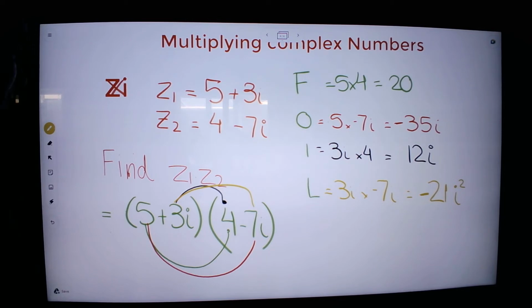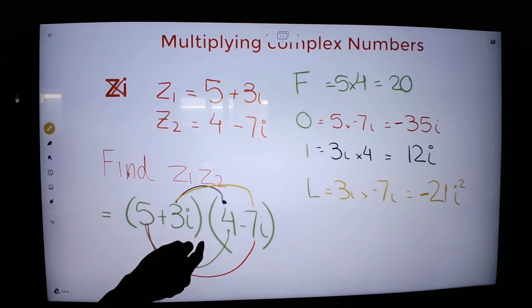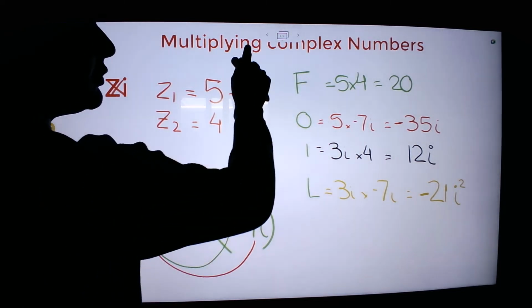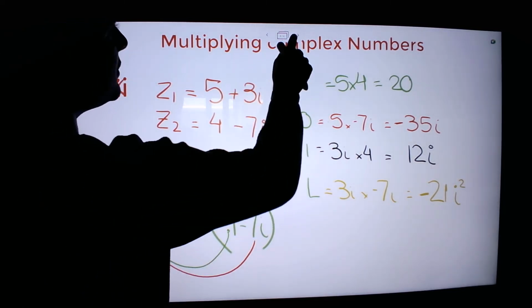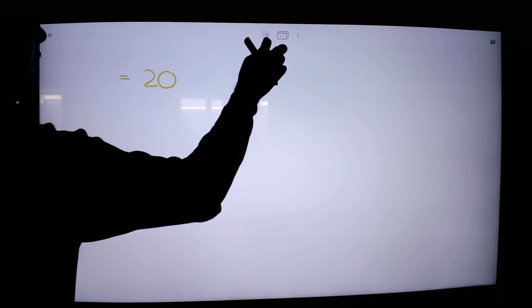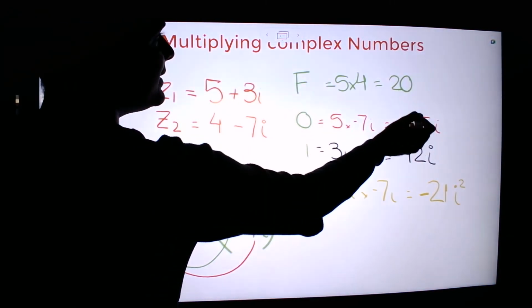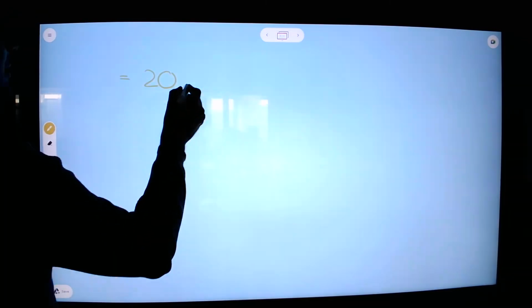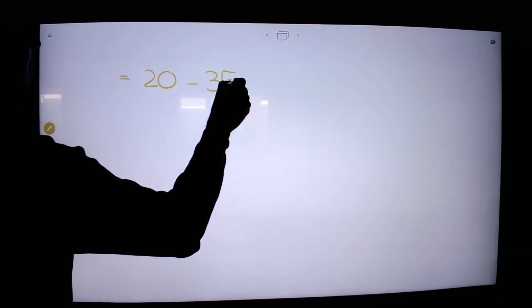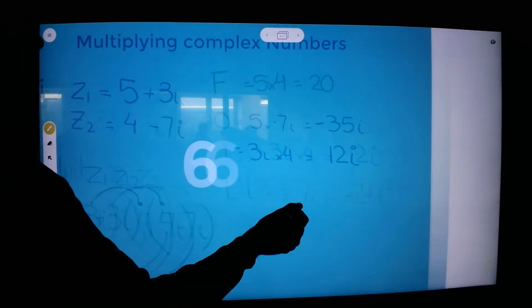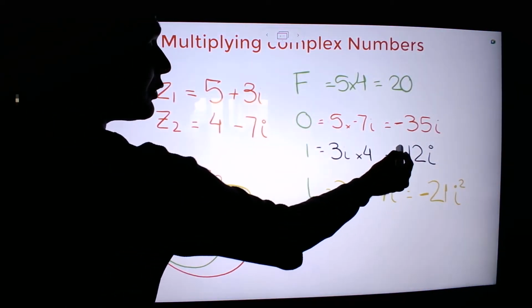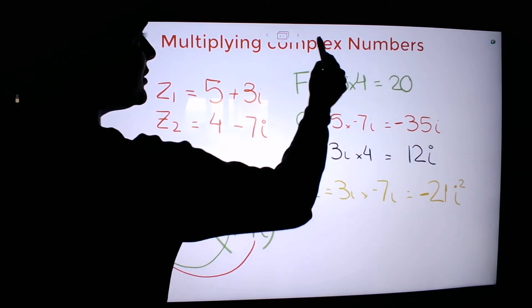Then I will put that together. Let's write these down and see what answer we get. Okay, I'm just going to the next page. So I got 20 from here, minus 35i, and plus 12i, because when there is no sign, it's plus.